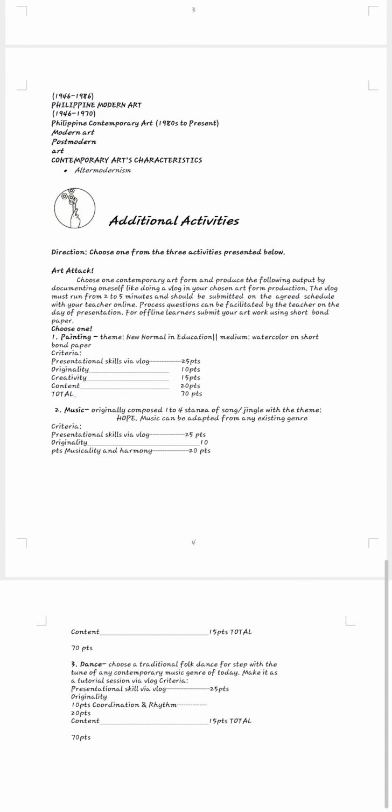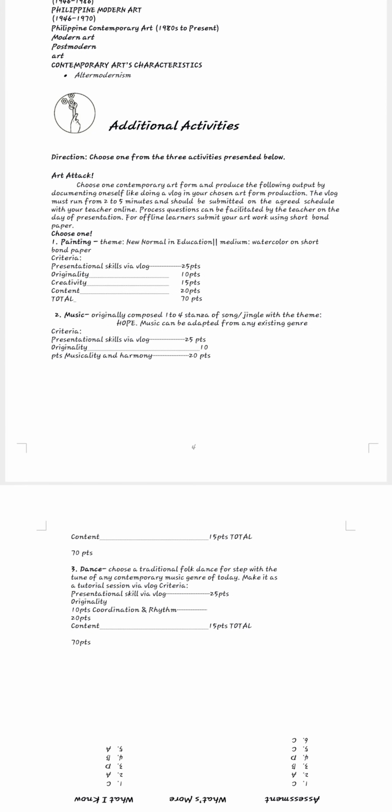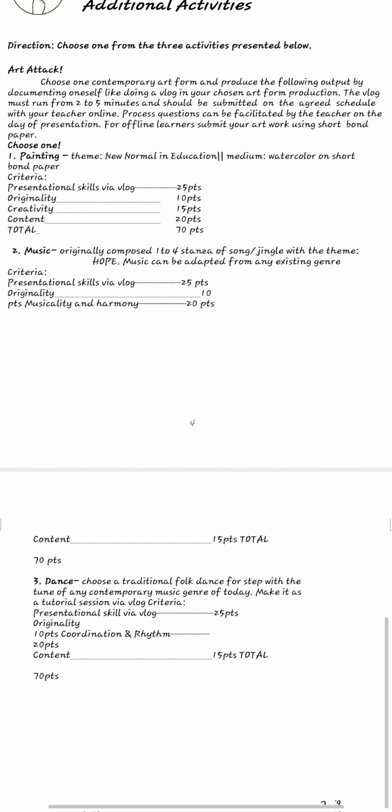Let's go now to your performance task. If you are listening to this pre-recorded video, I want you to read these additional activities. This is your performance task. Compared to the first performance task that I gave you, you will be focusing only on music and dance.